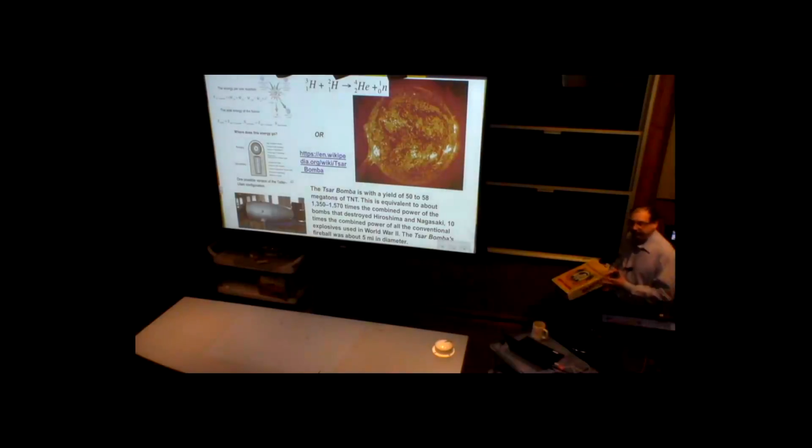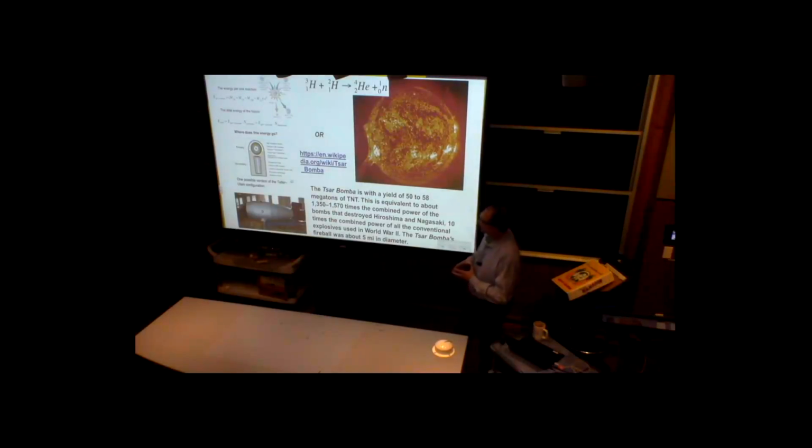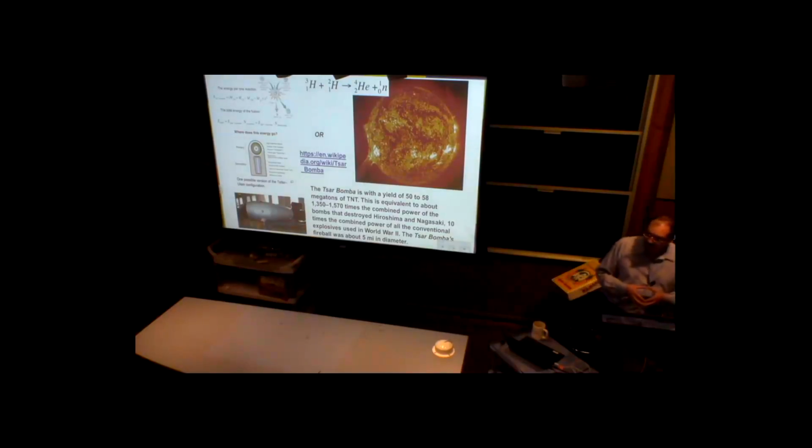Well, people do work on different ways to manage that energy, but so far, the only way to use it is an explosion. And 5 or 6 things like that are enough to destroy the whole Earth.